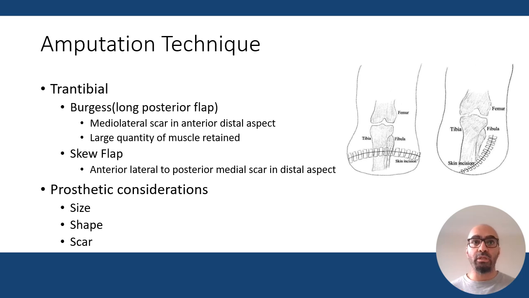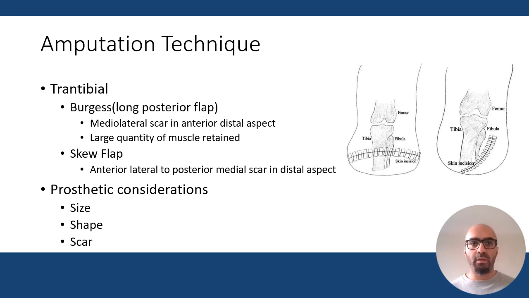The vast majority of transtibial amputations will be traumatic and life-saving. It will not be a clean cut, and it will not be in a clean environment. The wounds are more like ballistic injuries, and they will require different methods of flap to preserve what you can preserve. Sometimes if it is too difficult, you need to go a level higher because you have more soft tissue. But we will start with the principles.